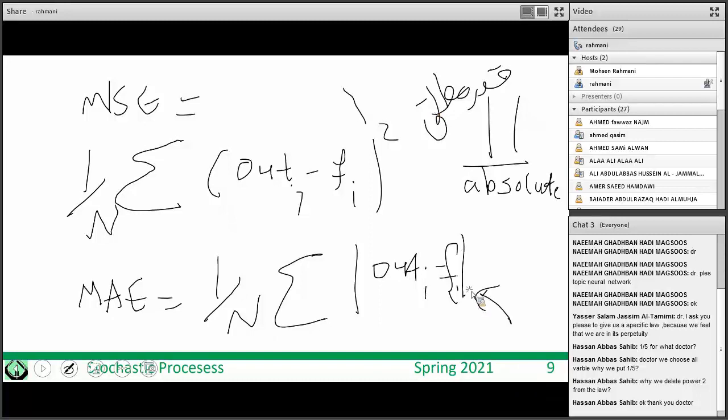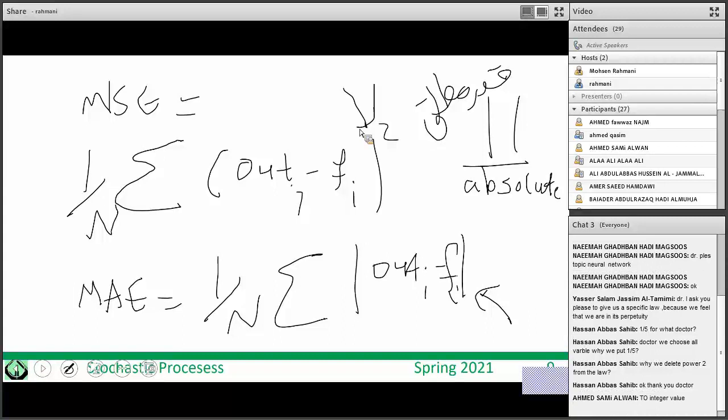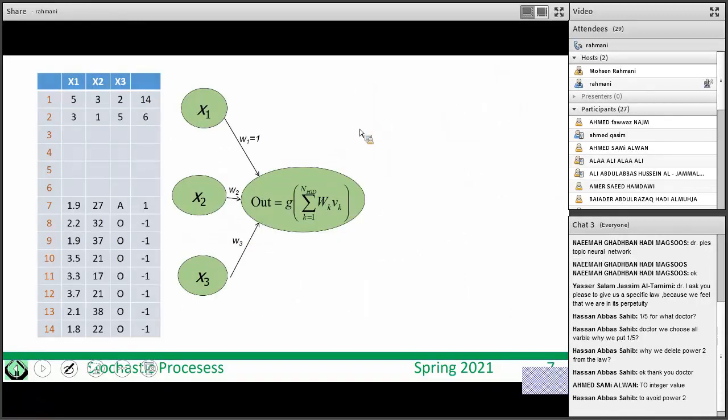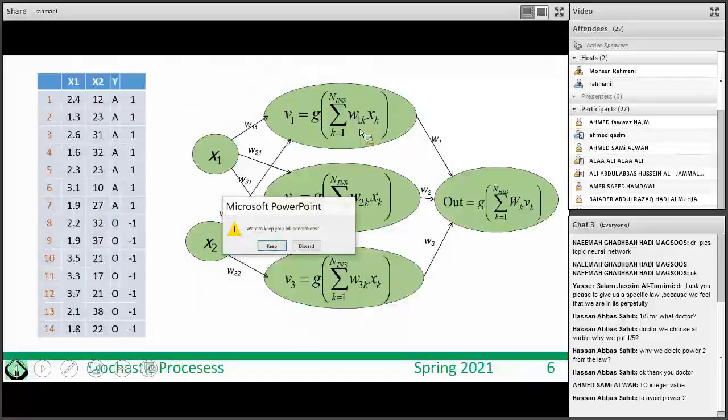And why do we use absolute or power 2? Do you know why we use one of these two? To have positive values. We want positive values because we have a summation between these errors.